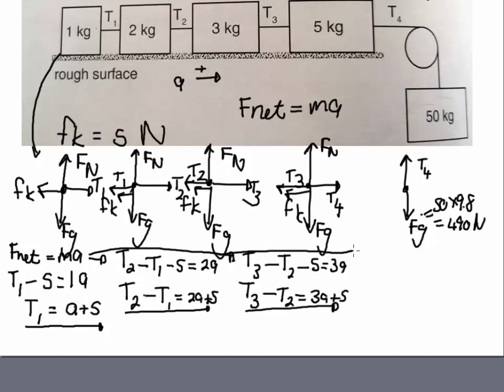Using F net equals MA for the last block on the surface, it's going to be T4 minus T3, and our frictional force is also going to be subtracted, equal to 5A. So here we say T4 minus T3 is equal to 5A plus 5. And that's our fourth equation.